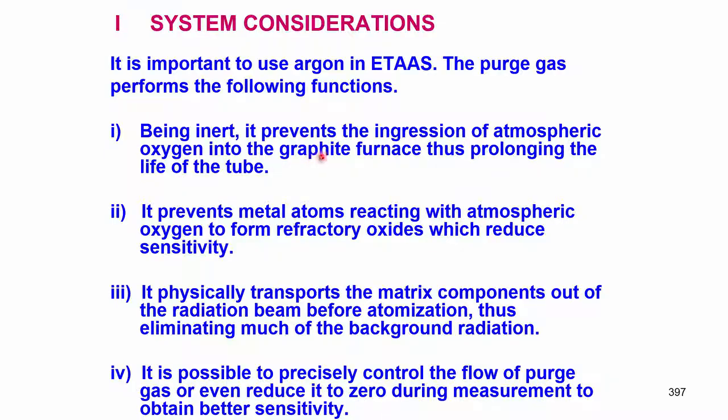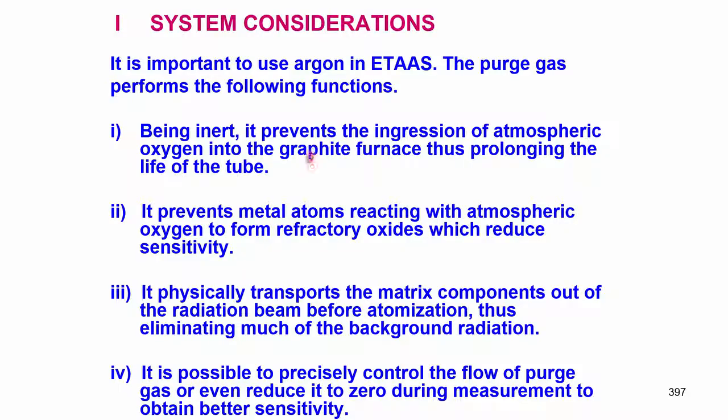What are they? First thing is, being inert, it prevents the ingression of atmospheric oxygen. Atmospheric oxygen does not enter the graphite tube. That means oxygen is not available to burn the graphite. See, if oxygen comes, burning can take place. If argon is passing through, there is no oxygen available, so it prolongs the life of the carbon tube.